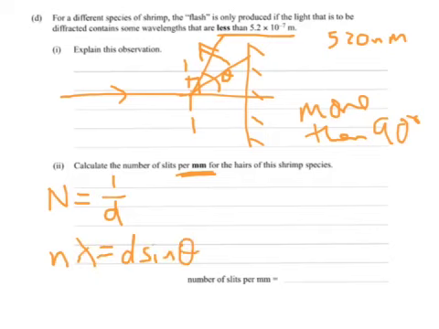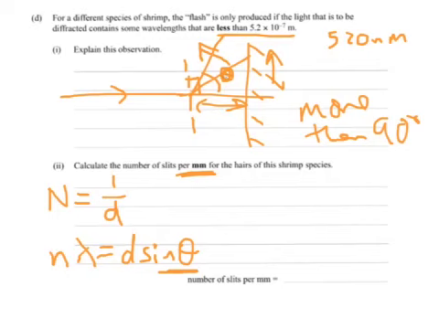For a diffraction grating, we can use this version of the equation because the angle is quite large, which means that the distance up here is large compared to the distance away of the screen. We can't use a small angle approximation because theta is too big.